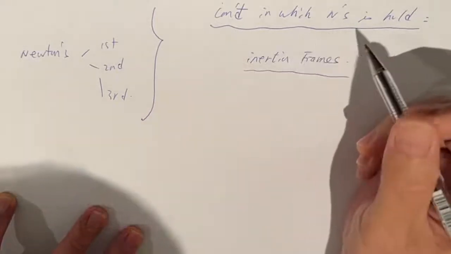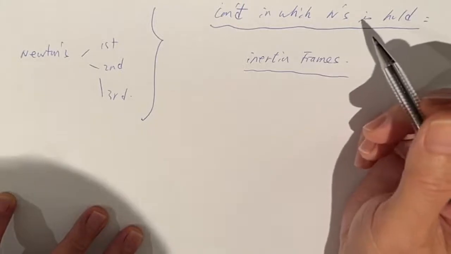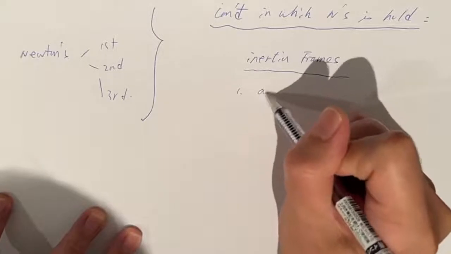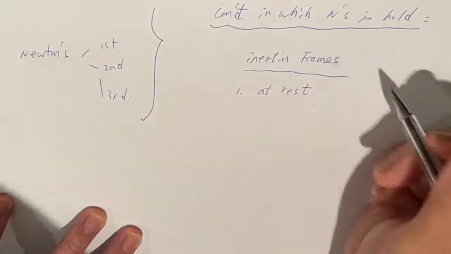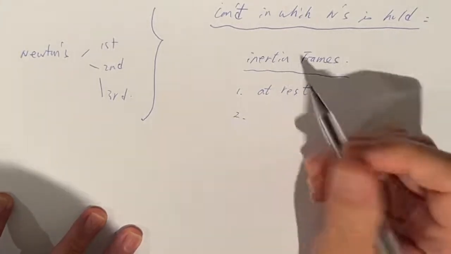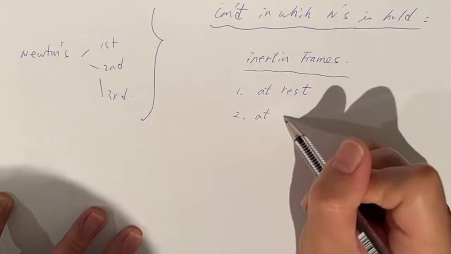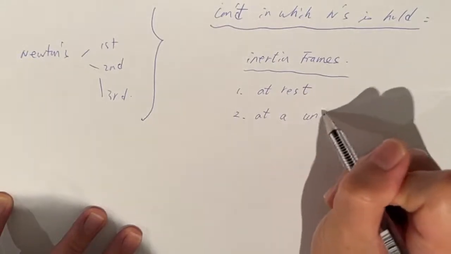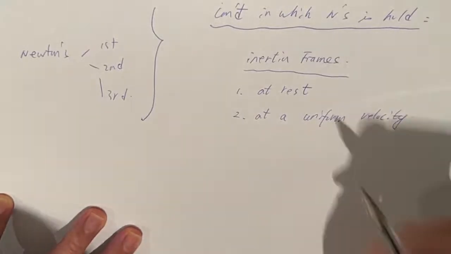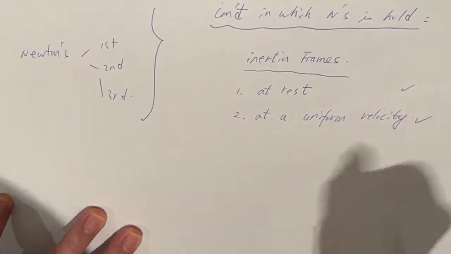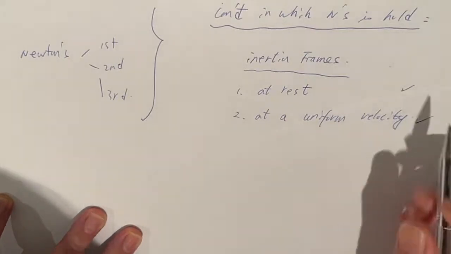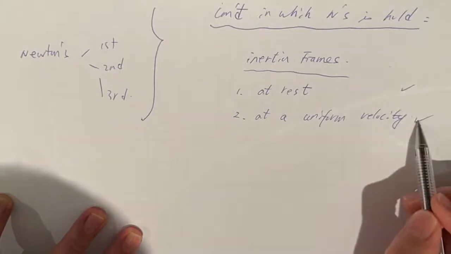Now, under which condition will Newton's law be valid? Remember one thing. If the frame is at rest, or if the frame is moving at a uniform velocity, under these two conditions, Newton's law is valid, okay?